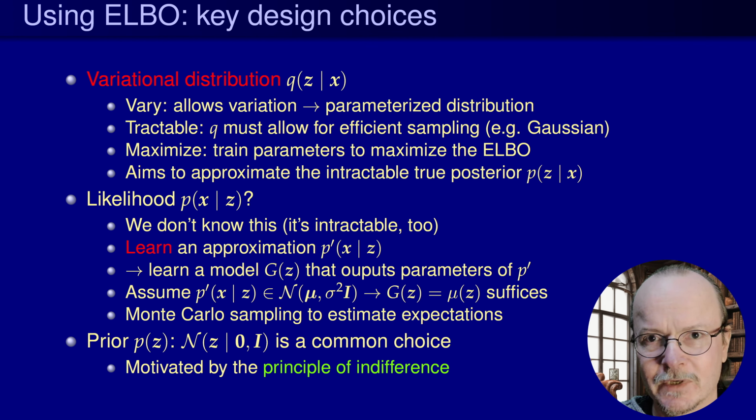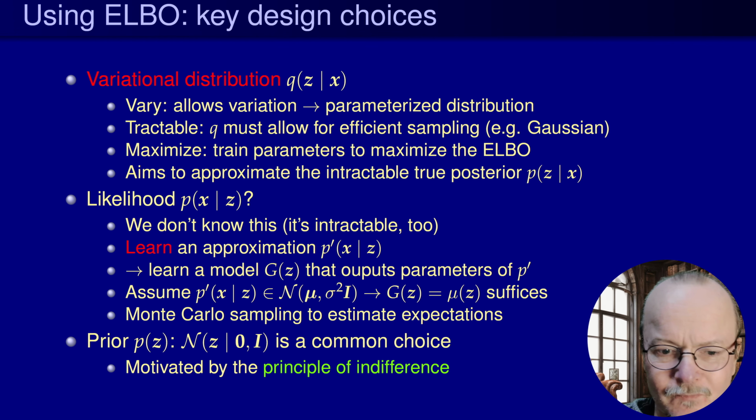Then to the final missing piece, p of z, the prior for the latent space structure. Our prior belief about the distribution of the latent variables. This is typically assumed to follow the standard normal distribution. What's the justification?